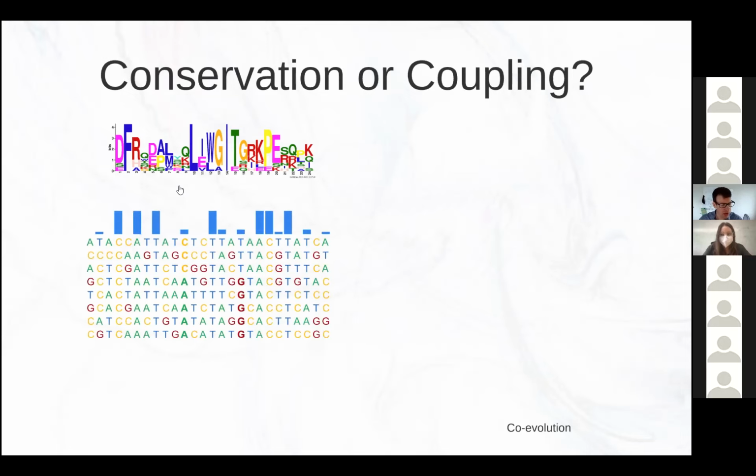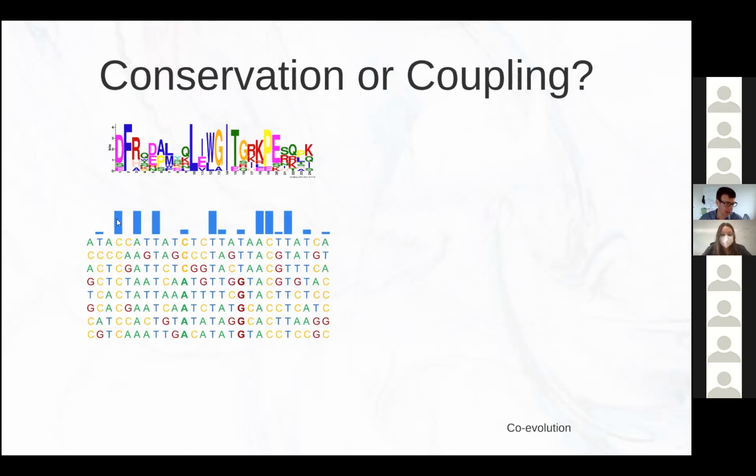So let's do our own multi-sequence alignment. As always, this could be either different species or different individuals of the same species. Let's say it's different species. So we'll do coevolution. What you can see is that these are all aligned. At some positions you have very high conservation, indicated by these blue bars.